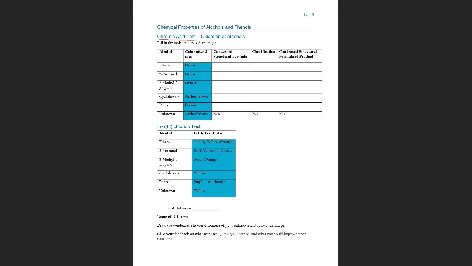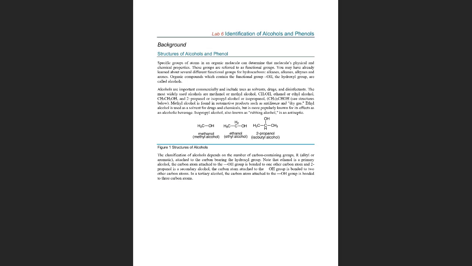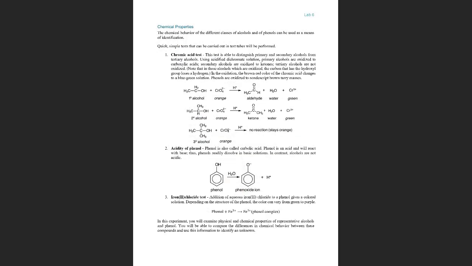So let's go back and look at the write-up of this experiment. Let's look at the information given for the chromic test. If we have a primary alcohol, it will oxidize and the color will change from orange to green. And you need to know what happens.